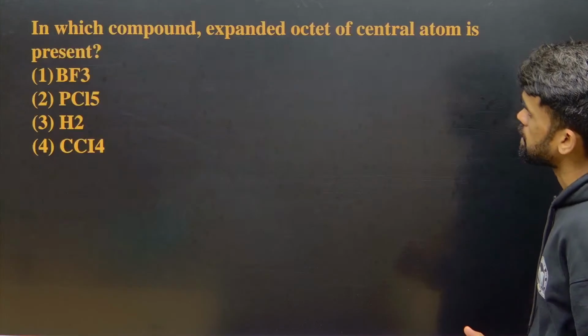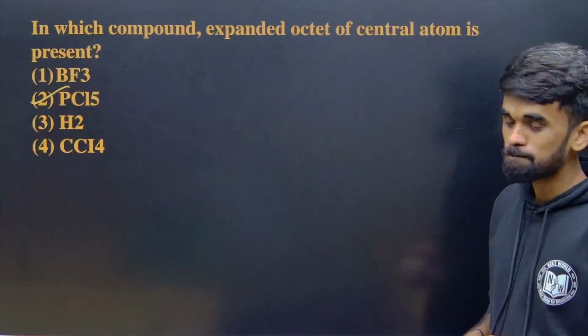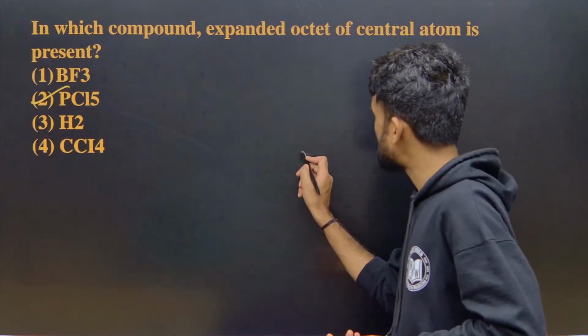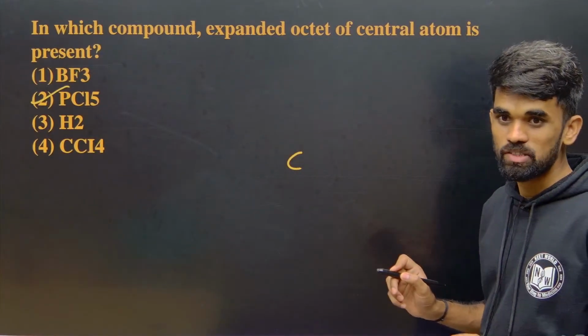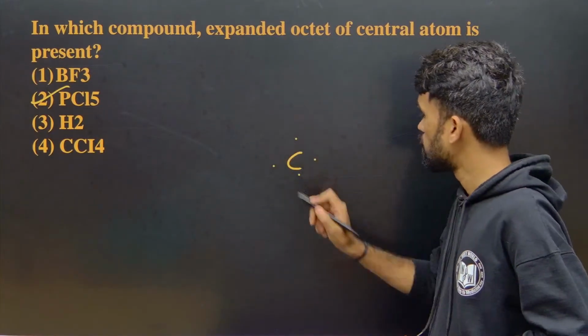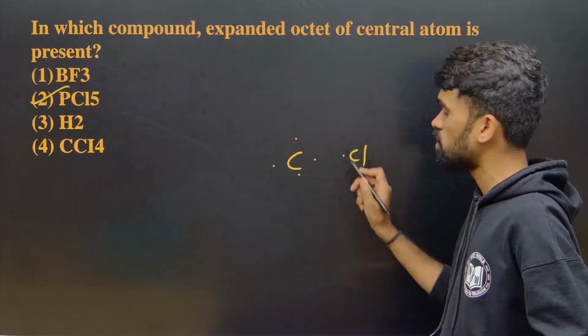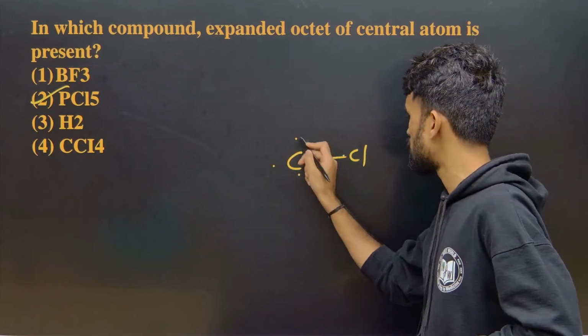Okay, next. Tell me the answer for this question: which of the following has an expanded octet? Only PCl5? Check it. Nothing to check, man. See, what is the center atom? Carbon has 4 valence electrons. We know each chlorine has 7 electrons, one electron on each side.